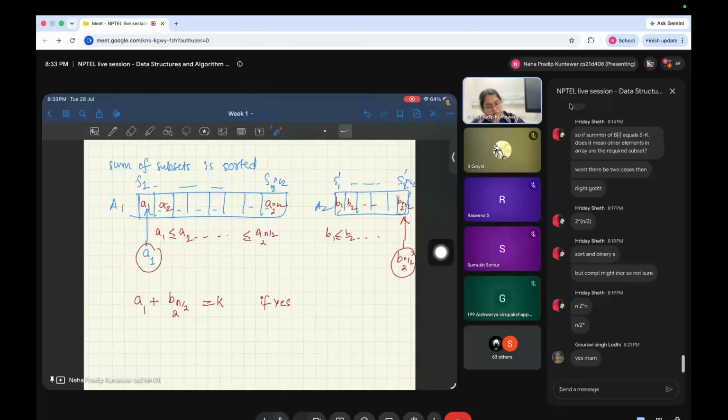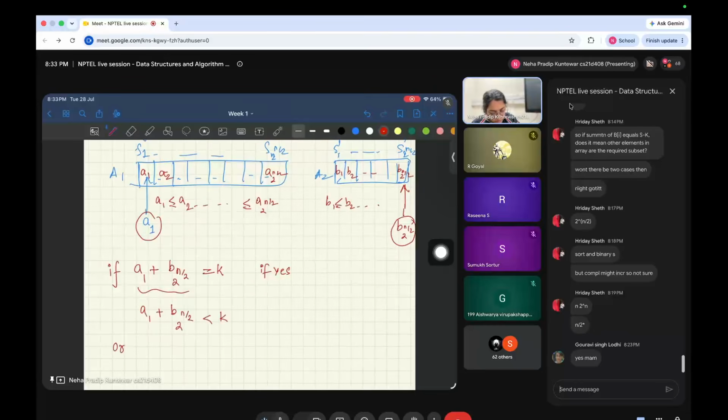Correct? So if this is the case, then you're going to stop the algorithm and say yes, there is a subset which achieves the sum. Otherwise, what can happen is a1 plus b2 to the n by 2 is less than k, or what could happen is a1 plus b2 to the n by 2 is greater than k.